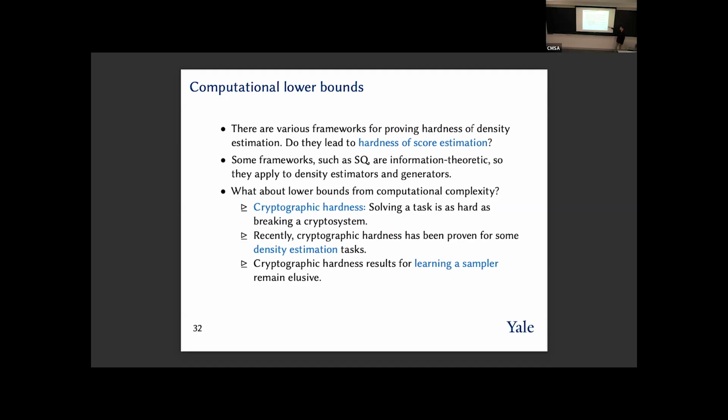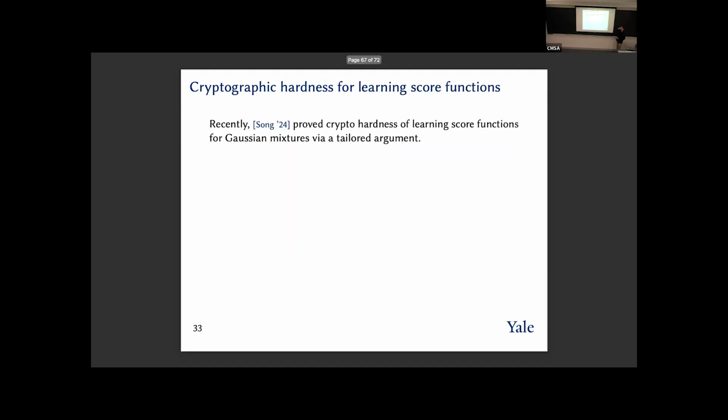But anyway, because we know some cryptographic hardness for density estimation, now we could try to port this over to score estimation. So let me mention there was this prior work by Min-Jae Song, who was at NYU, and he proved cryptographic hardness for learning score functions for Gaussian mixtures.